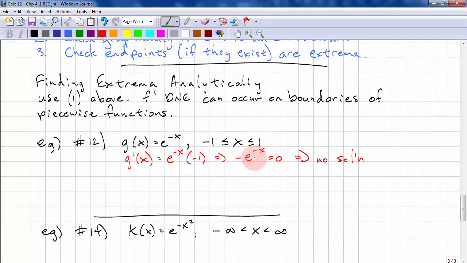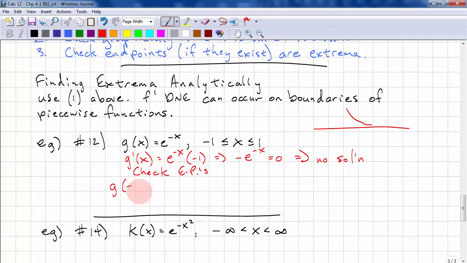Okay, recall that e to the negative x looks like this, and it has an asymptote, and the asymptote is y equals 0. So we will never find a solution for this. So we need to check the endpoints.